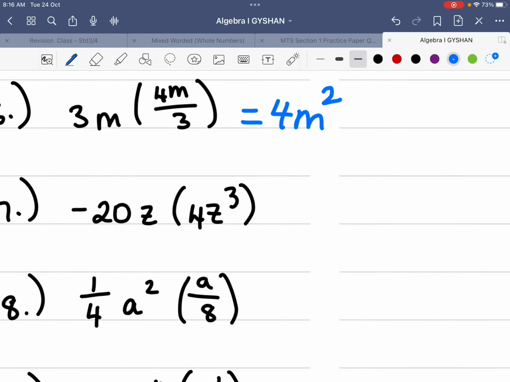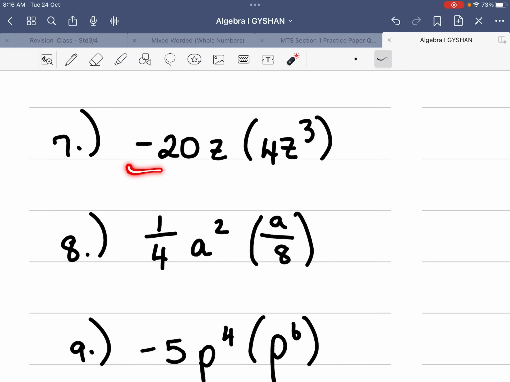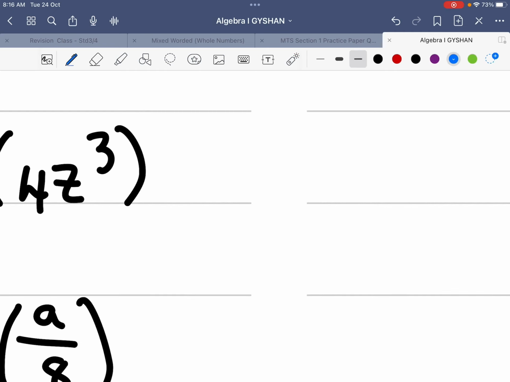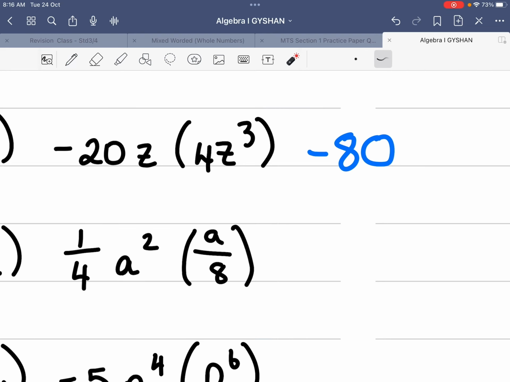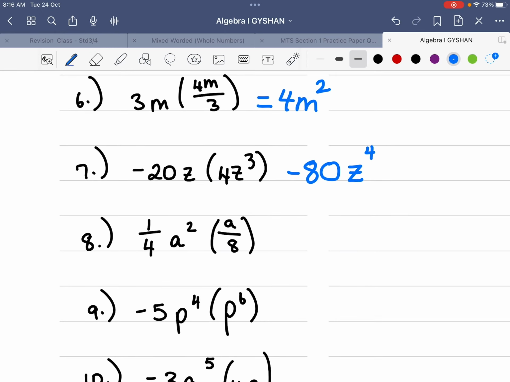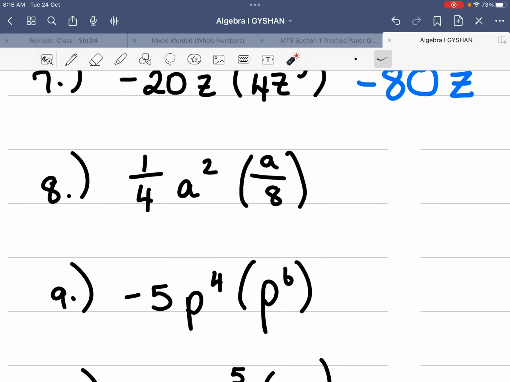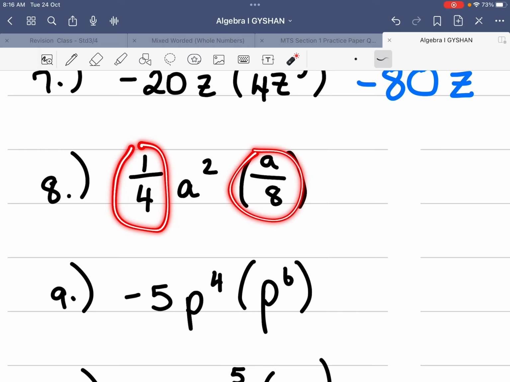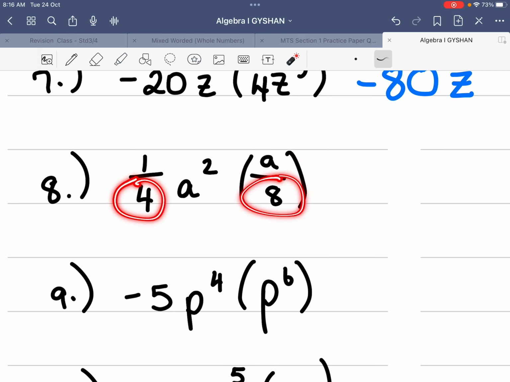Next, number 7, we have minus 20 multiplied by 4. That will give you negative 80. Z times z cubed is z to the power of 4. So let's work these numbers first. A quarter multiplied by 1/8. That will be 4 times 8 is 32.